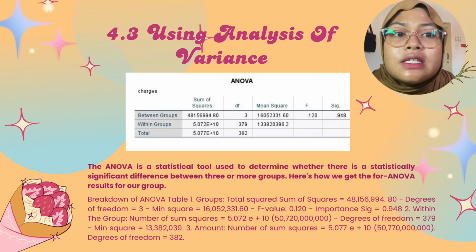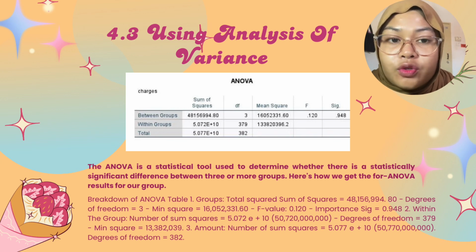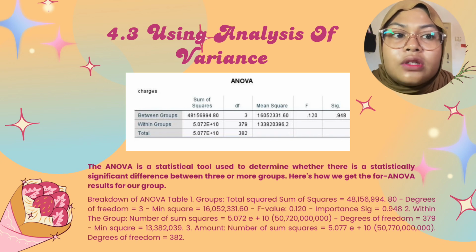4.3 Using analysis of variance, ANOVA. The ANOVA is a statistical tool used to determine whether there is a statistically significant difference between three or more groups. Here is how we get the ANOVA result for our group. Breakdown of ANOVA table. First, between groups. Sum of squares equals 48156,994.18.